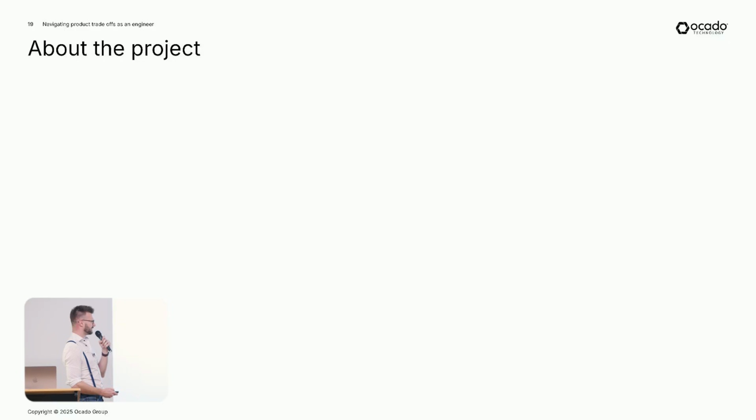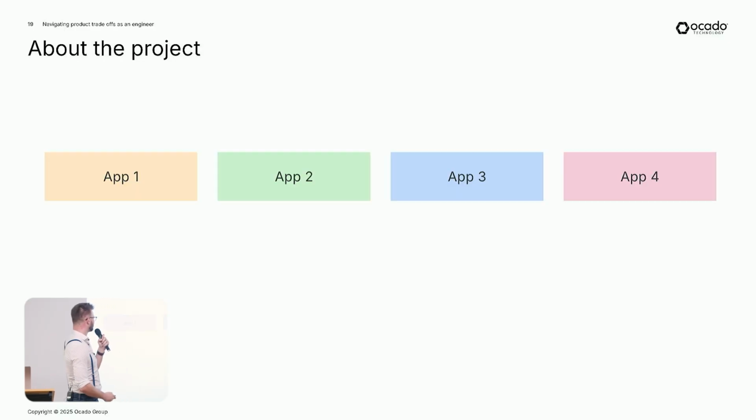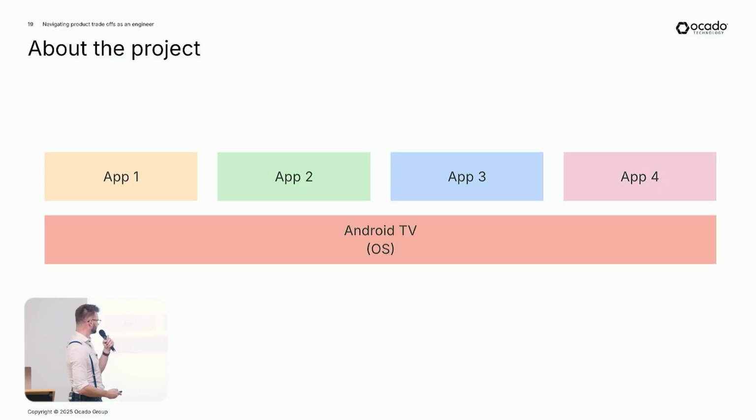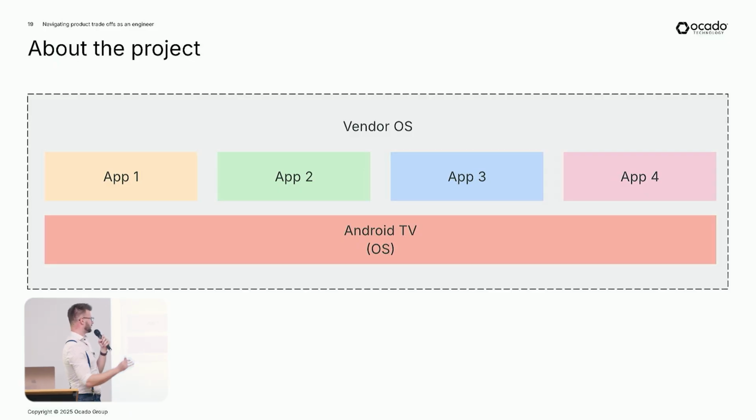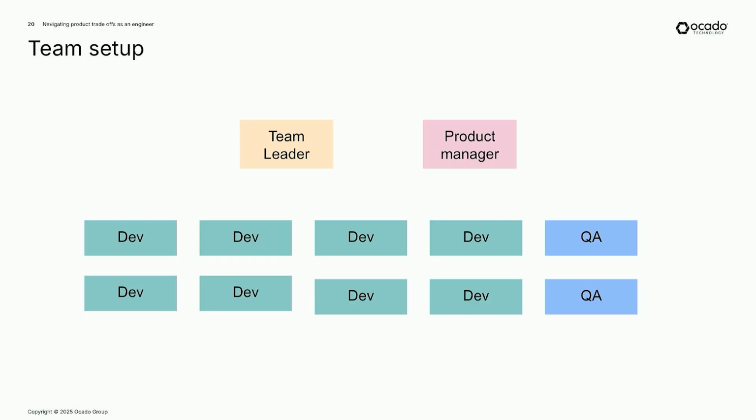Let me tell you about a project that I worked on at some point. It was an Android project where there were multiple applications on top of the Android TV framework. And all of that was packed into the vendor operating system that we worked on. And the setup was more or less like this. We had 8 developers, two QAs, a team leader, and the product manager.